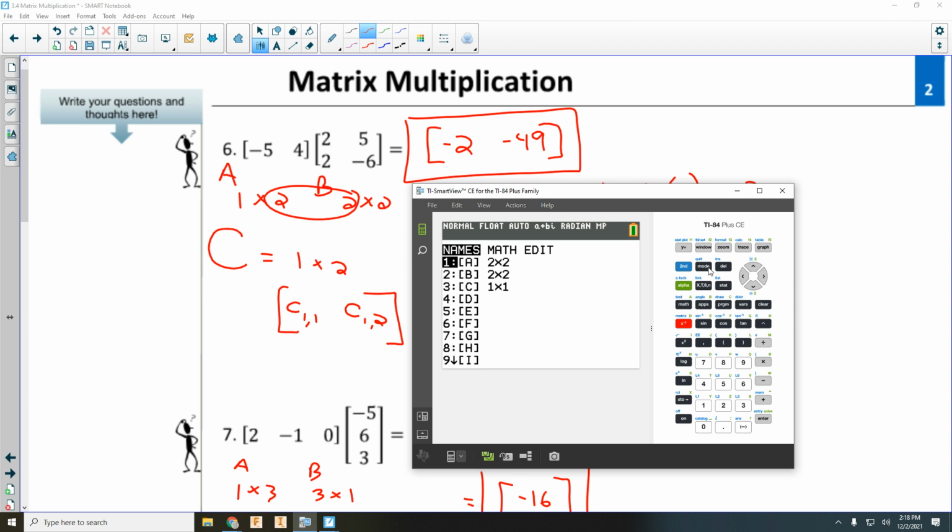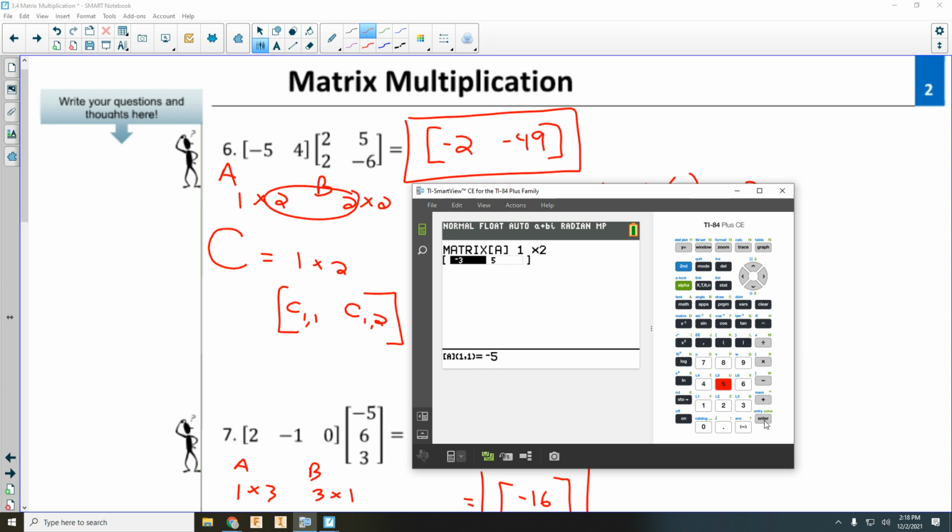So we'll go in and we'll edit matrix A, right? And matrix A is what size? 1 by 2. Okay, and then I got to put my elements in there.